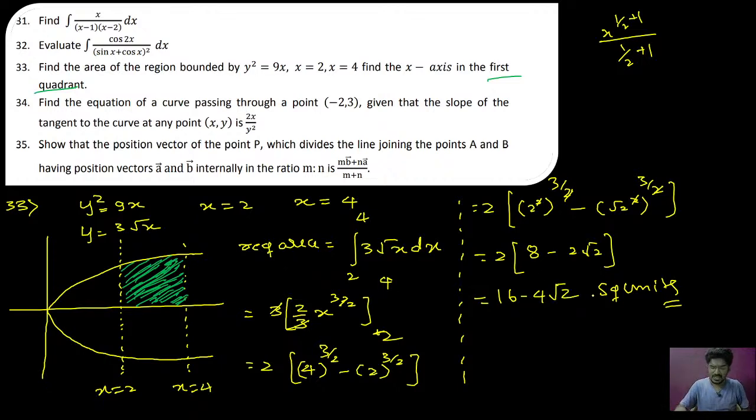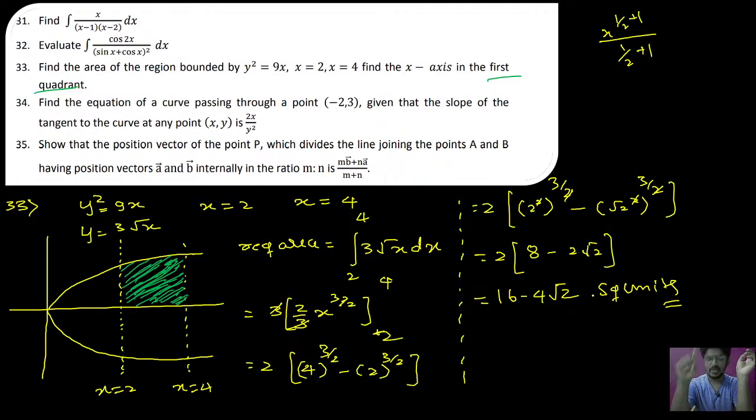So 16 minus 4 root 2 will be your required area. The problem is very simple actually: y square equal to 9x, x equal to 2, x equal to 4. Find the area in the first quadrant, so don't multiply by 2 for the required area.